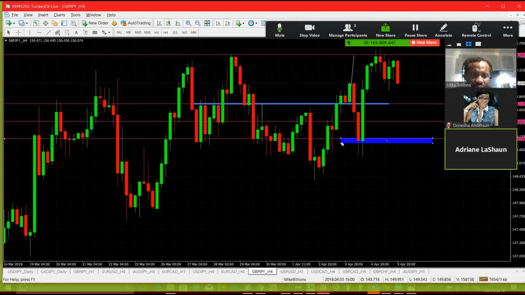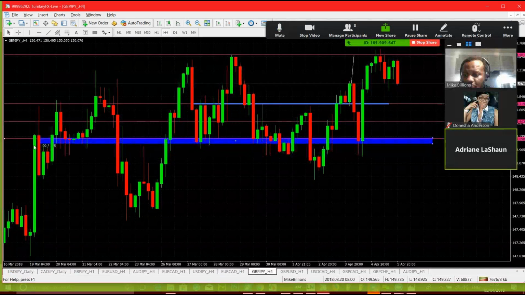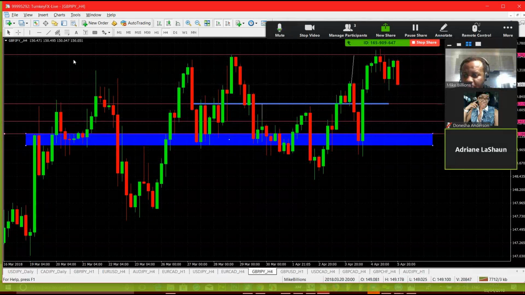And if you look at that, that move would also be within a structure level. Because if you go to the left, you see that it was at the key supply zone. So your demand zone is from up to down to up. Your supply is from up to down. So if you trace it back, it goes back to a supply zone.